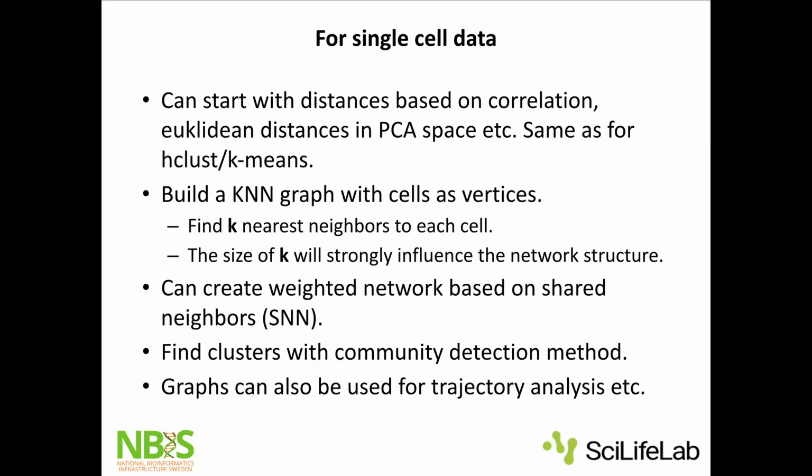Then the first step is building the KNN graph with all the cells as vertices. K is quite important for the whole structure of this network. Then we create an SNN from the KNN, and we use some sort of community detection method to find our clusters.